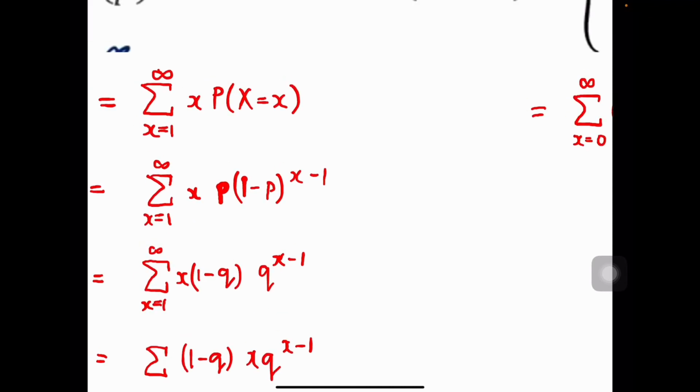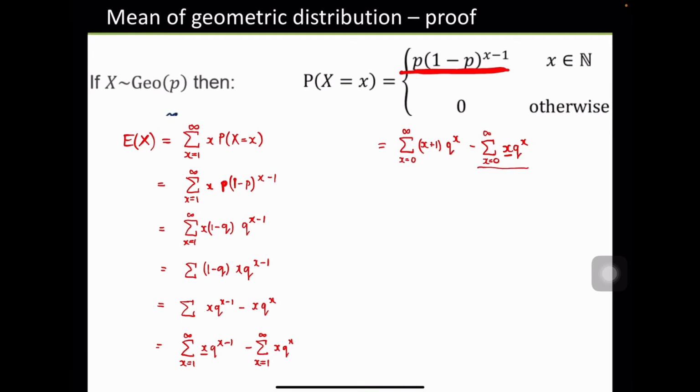Okay, what I'm going to do next is bring them back to one summation. So x plus 1, q to the x, take away x, q to the x. Since the limits are the same, I am allowed to do this.